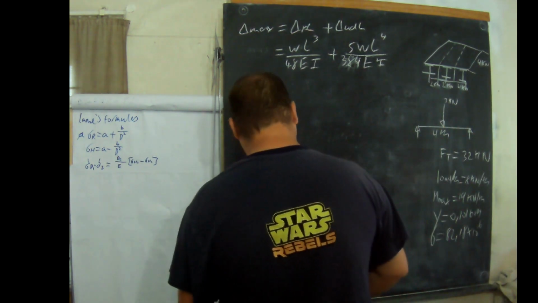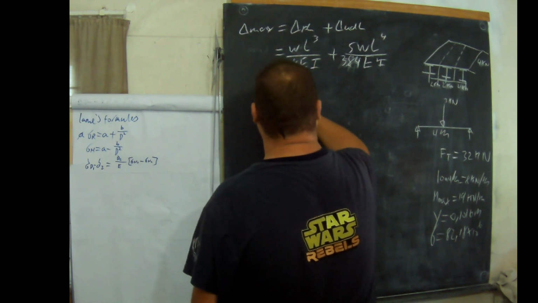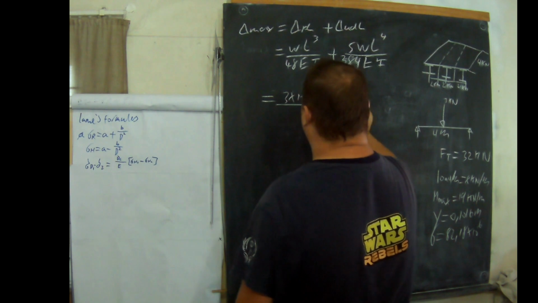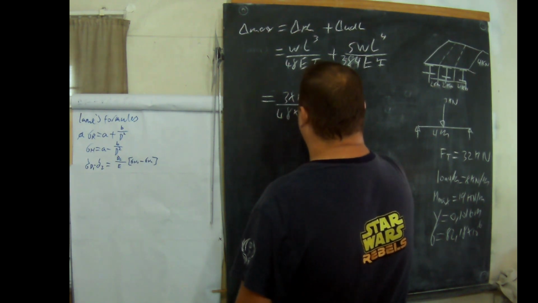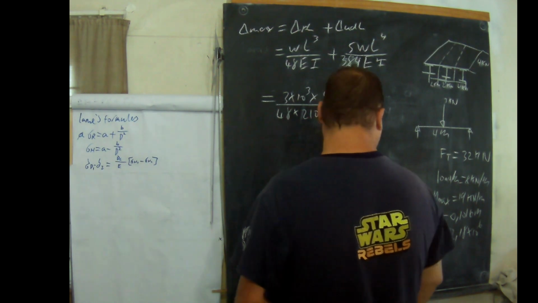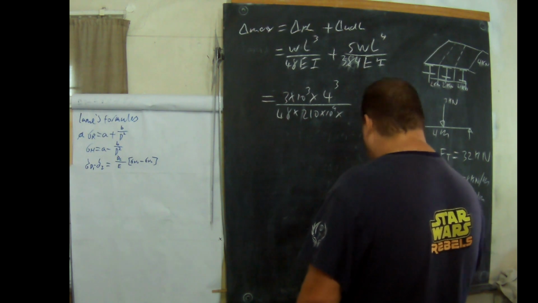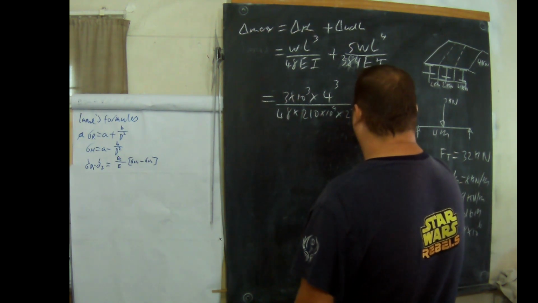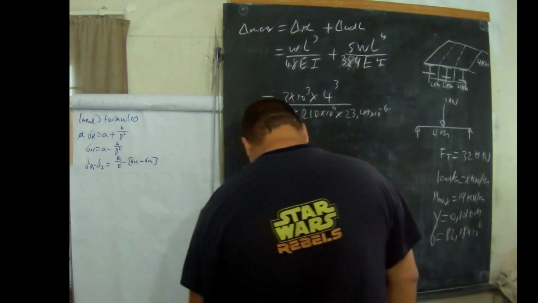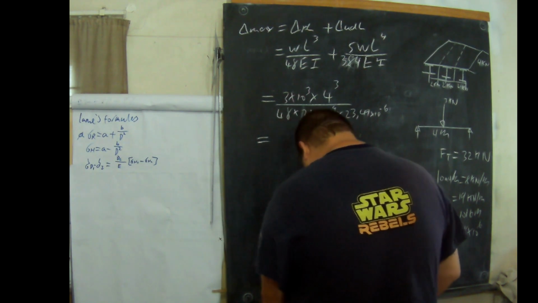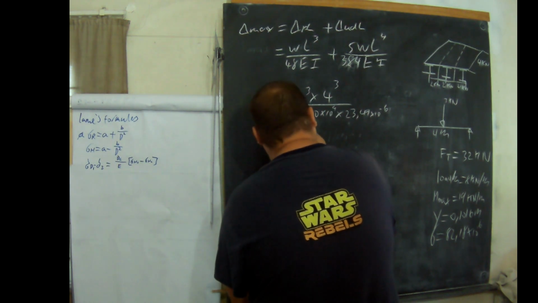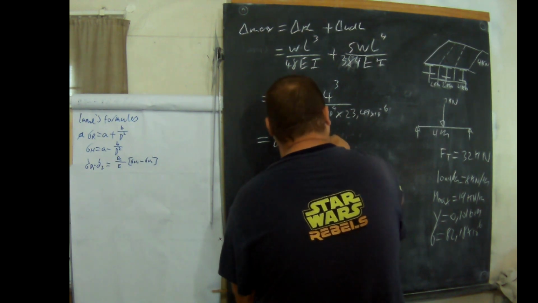So next step is we do our point load, which our weight of the point load is 3 times 10 to the 3 times our length, which is 4 cubed over 48 times 210 times 10 to the 9 times I, which is 23,49 times 10 to the minus 6, which equals 8,109 times 10 to the minus 4.